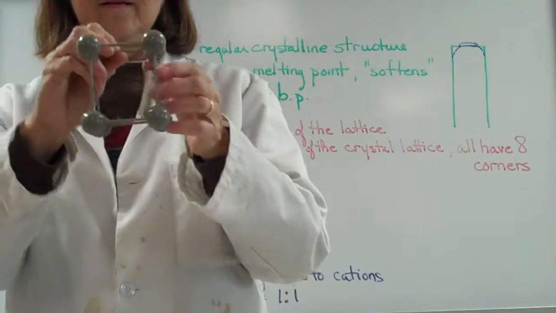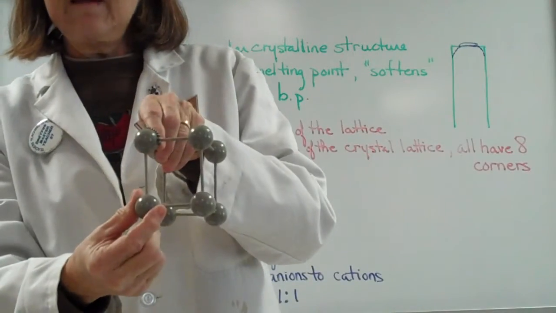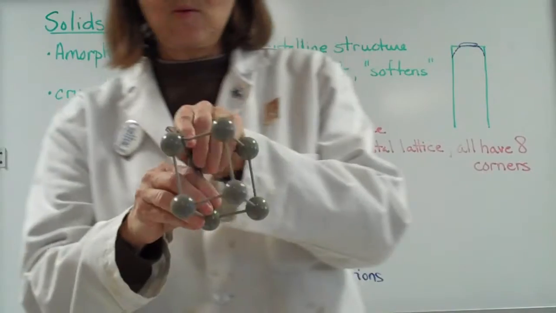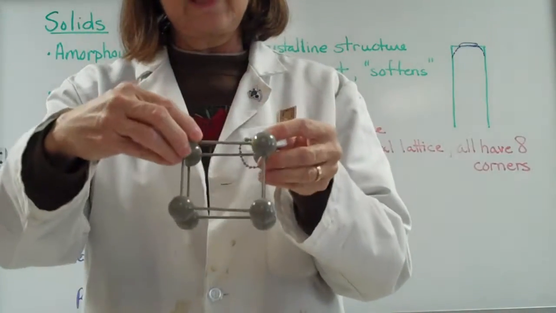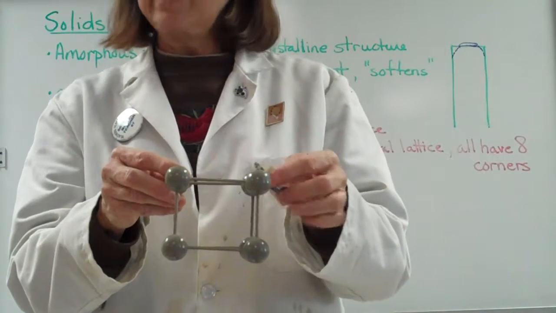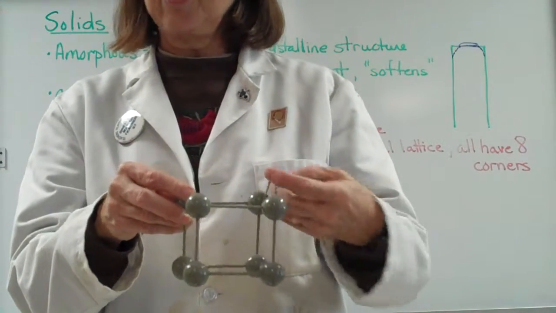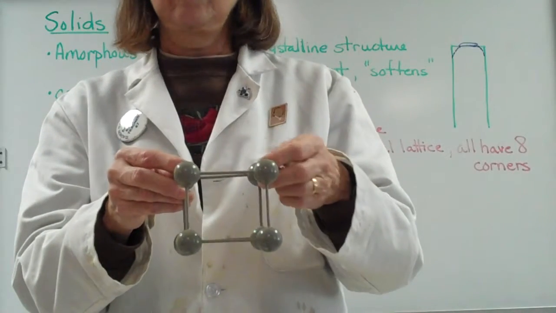And then let's look at this one. This is an illustration where A does not equal B, does not equal C. All of these sides are different, but bond angles are still 90 degrees. And this is called orthorhombic.